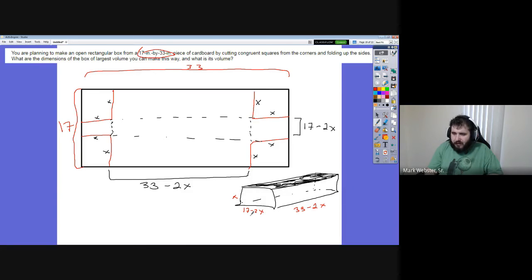Your mileage may vary here with the chain rule and the product rule and all that. We want to find the volume, length times width times height, right? Everything's already in terms of x, so we don't have to do very much else except take the derivative. It may help to at least distribute this one.